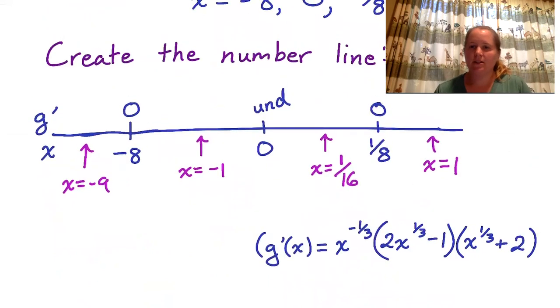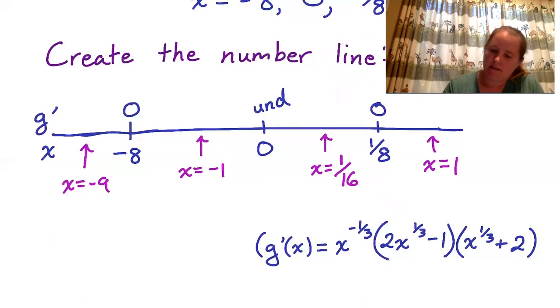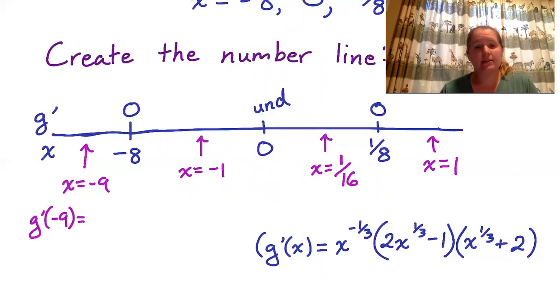So if I do my checkpoints, at -9, we'll have g prime of -9. Raising to the -1/3, we'll have a negative.